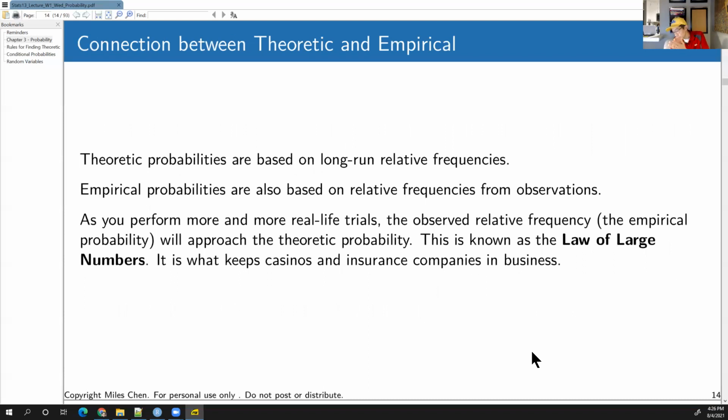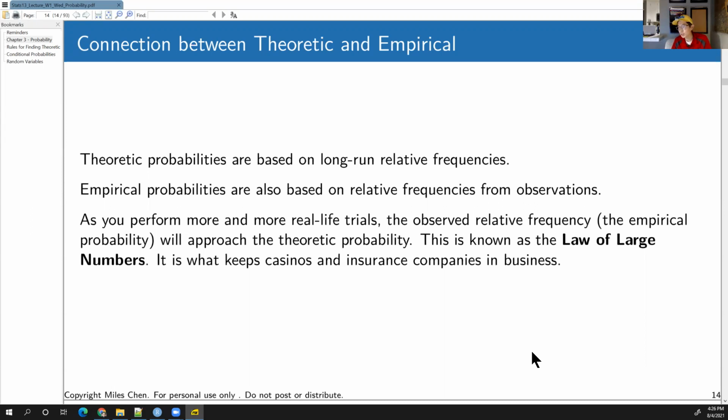So anyway, these two things, the theoretic and the empirical, have a meeting point in the idealized hypothetical world, right? Theoretic probabilities are based on long-run relative frequencies. If we could repeatedly roll the die an infinite number of times, we would get the theoretic probabilities.